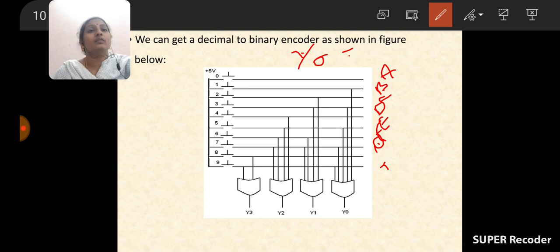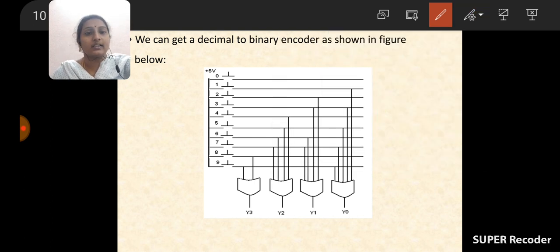So like that we write the expression. Is it clear? And Y1 is equal to push button switch 2 as well as 3 as well as 6 as well as 7. In this way, simply Y3 is equal to 8 plus 9. Okay, so this is the circuit diagram of the decimal to binary encoder.